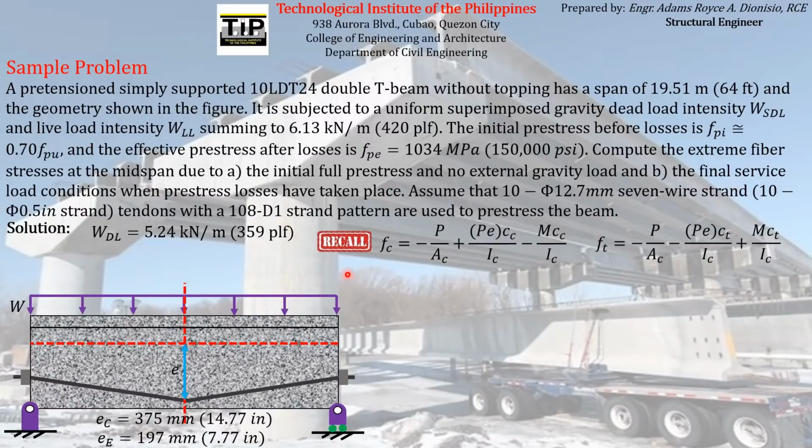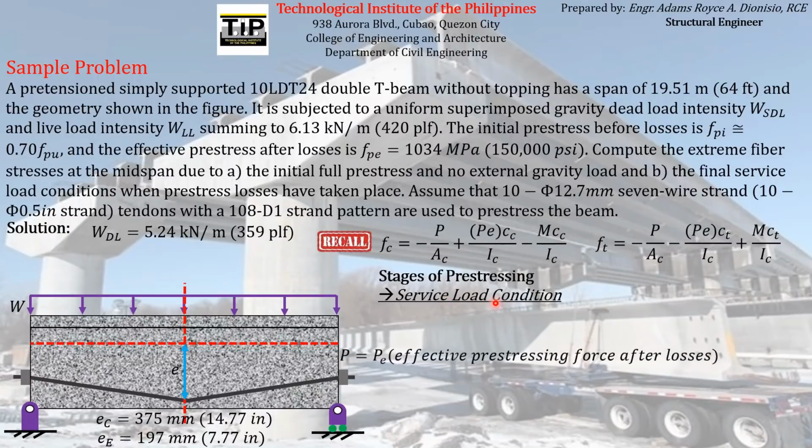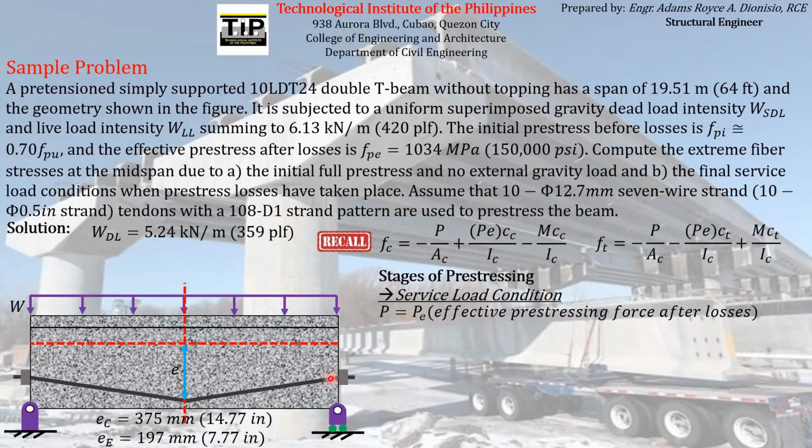particular stage of prestressing. So if you can recall the service load condition, which is another stage of pre-stressing, the P, the pre-stressing force acting on the pre-stressing reinforcement, is already the effective pre-stressing.